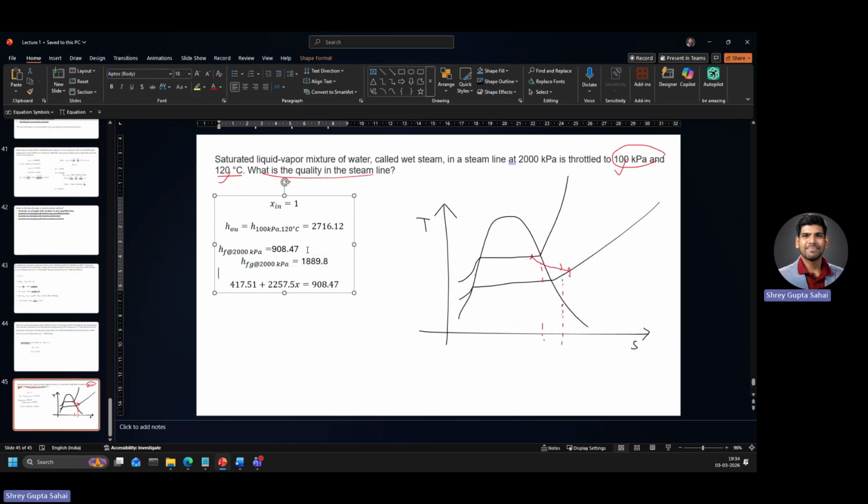I made a mistake there. For the saturated liquid vapor mixture, we don't know what X in is. We actually need to find it.